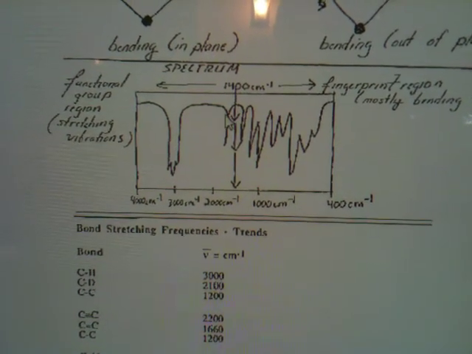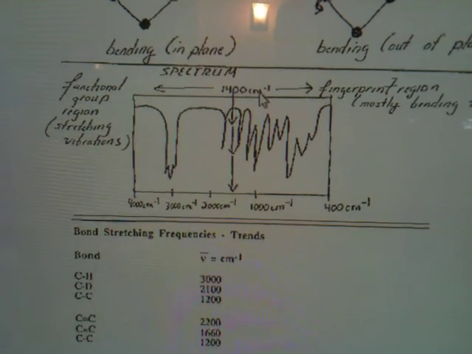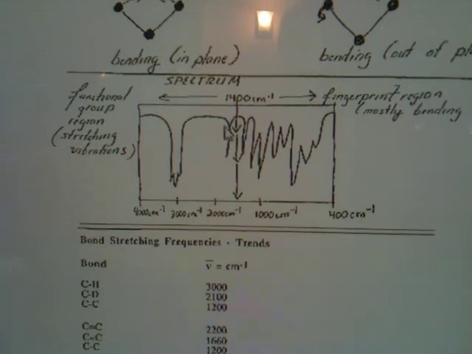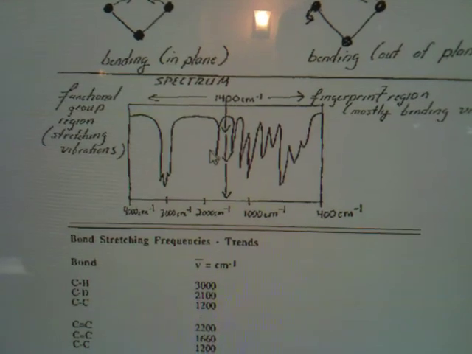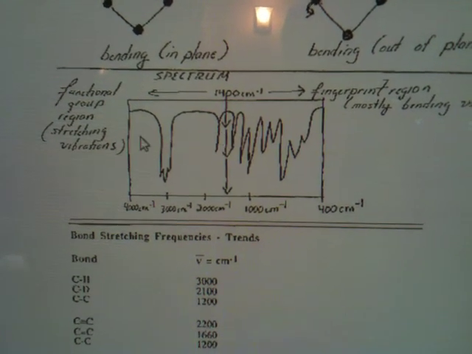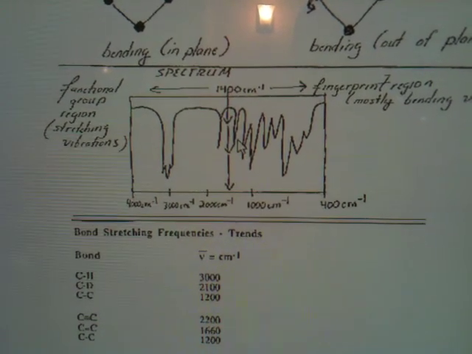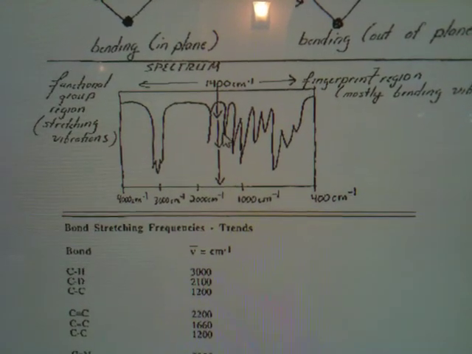Now, this part of the spectrum, the higher part, I would say above about 1,400 or 1,500 wave numbers or inverse centimeters, is the part we call the functional group region of the spectrum. This is where many functional groups will absorb. It's also where CH and OH bonds will absorb. But you can frequently look at this part and learn something about which functional groups are in your molecule.